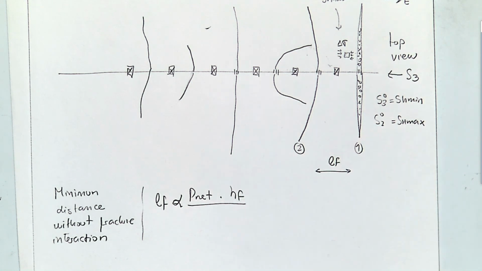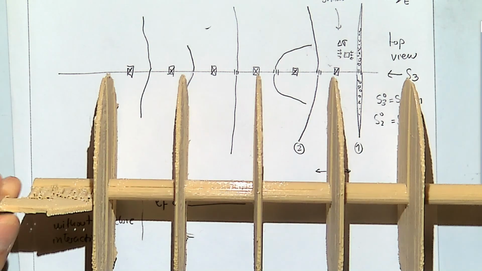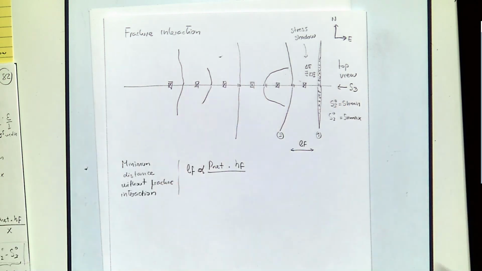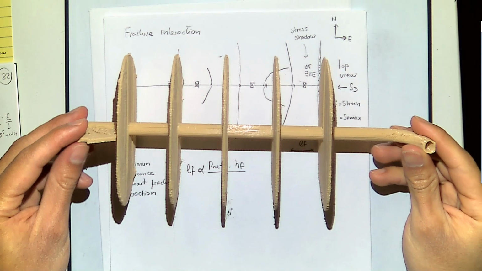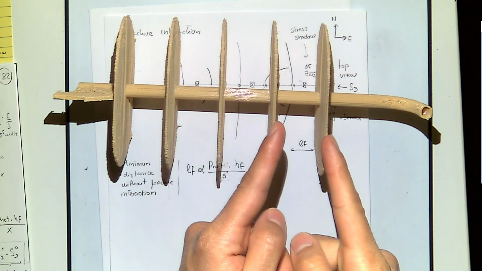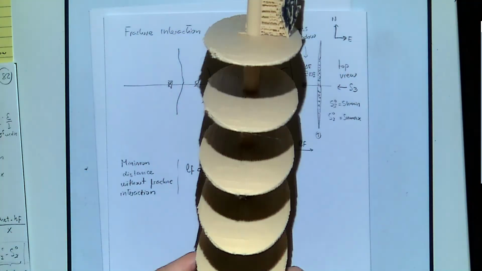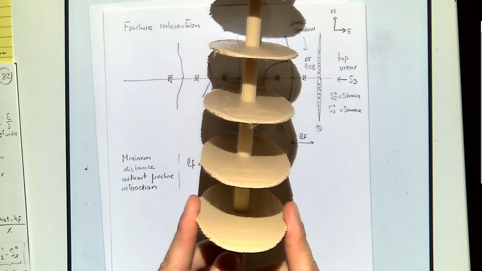And by the way, since we're talking about fracture height, I have this little toy over here, which is a model of a wellbore with planar hydraulic fractures. So this will be the distance between the fractures, right? And the hydraulic fracture height will be that.